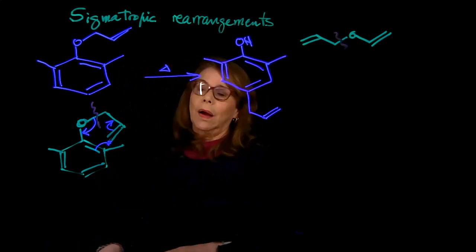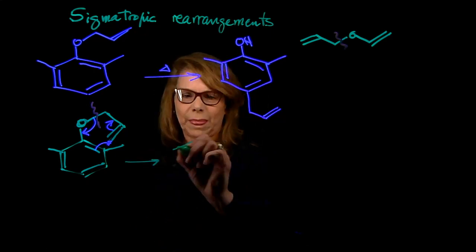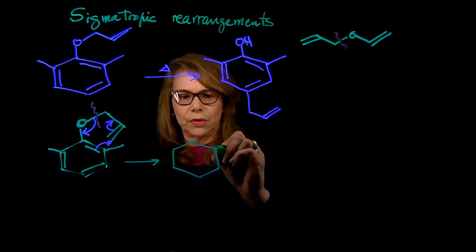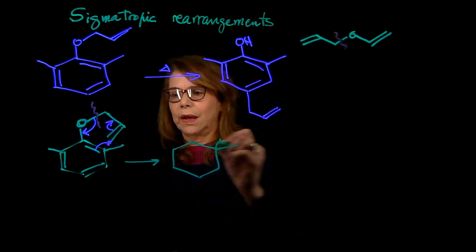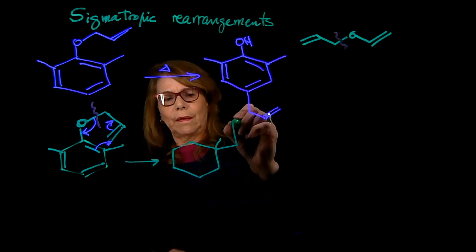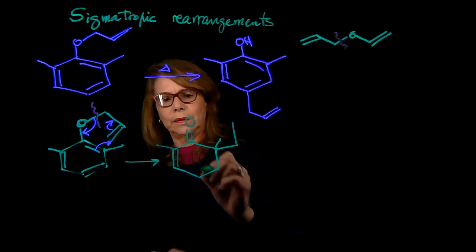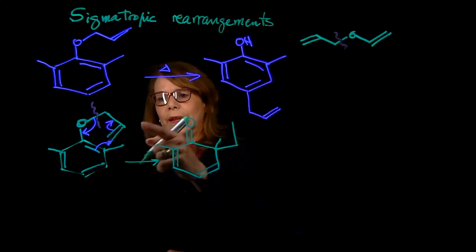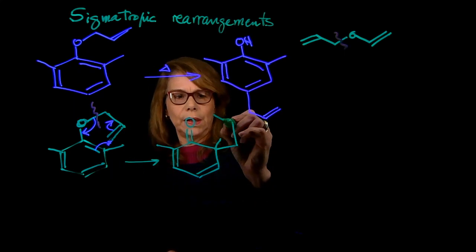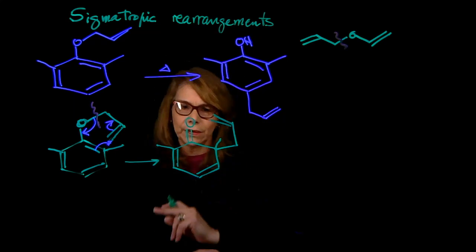So let's draw the structure that results. And let's remember that we have these two methyl groups. So now here I have made this new bond. And here, double bond. And I have noticed 1, 2, 3, 1, 2, and 3.